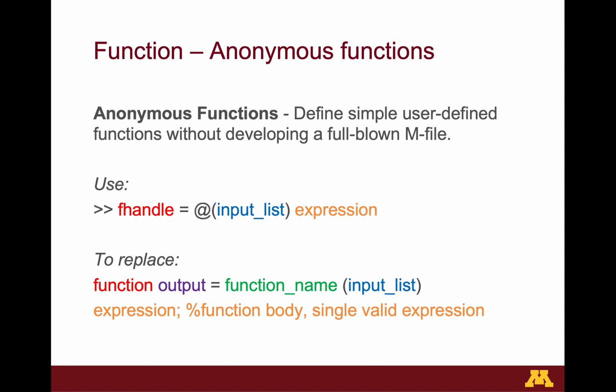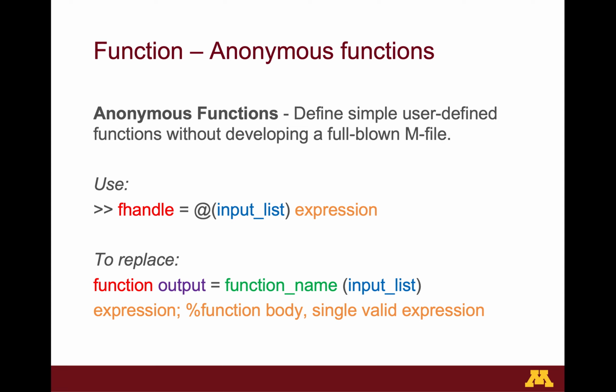There's a special type of function in MATLAB called anonymous functions. Anonymous functions define simple user-defined functions without developing a full-blown M file. Recall the first example in this function section, which calculates the factorial. There is only one line of code in the function body to execute the calculation.